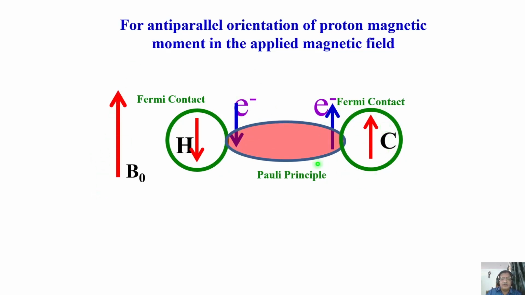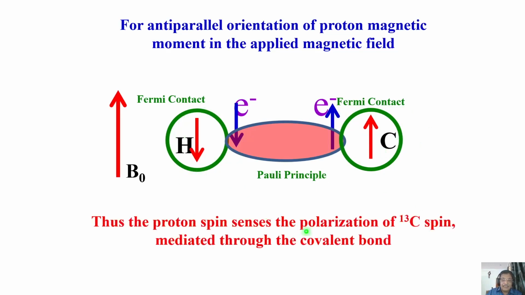You understand? So whether you take parallel orientation of the magnetic moment of the proton or anti-parallel orientation with respect to the field, it always ensures the carbon spin orients in the direction opposite to its magnetic moment. This type of interaction, I am telling you, means the carbon-13 spin sees the polarization of protons.